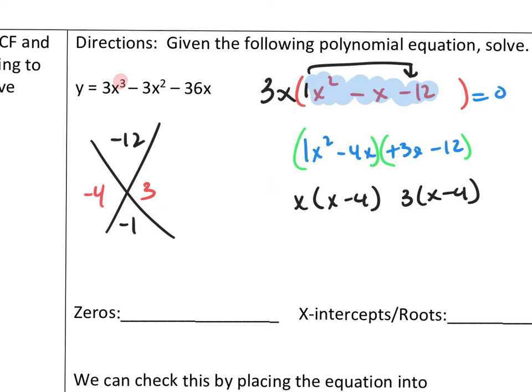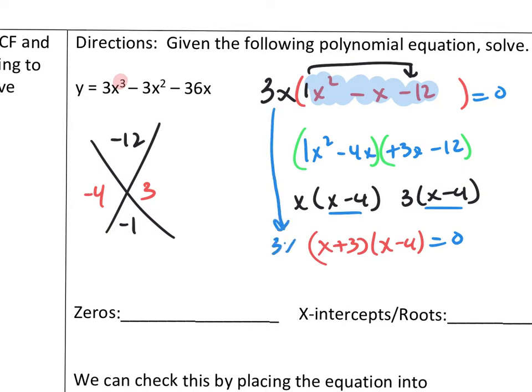I should notice I'm on the right track because these are the same. So it leaves you with x plus 3 times x minus 4, and then we'll set that equal to 0. Now, what I always forget, and what you will always forget as well, is to bring down my GCF. I have a bad habit of forgetting that, so please do not forget it.